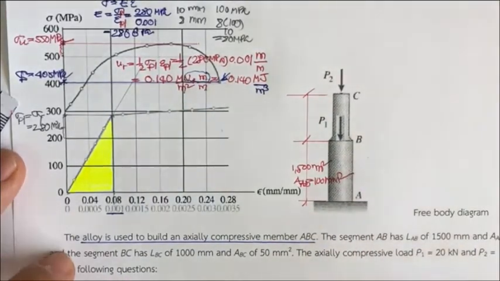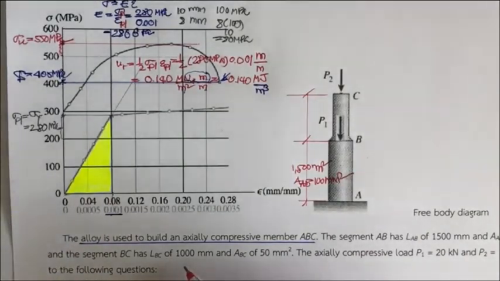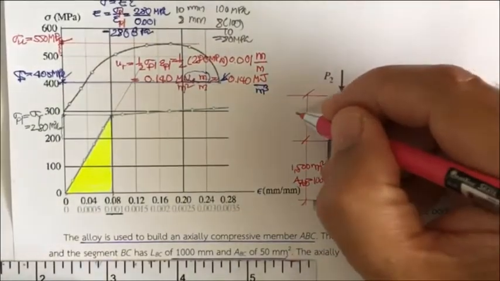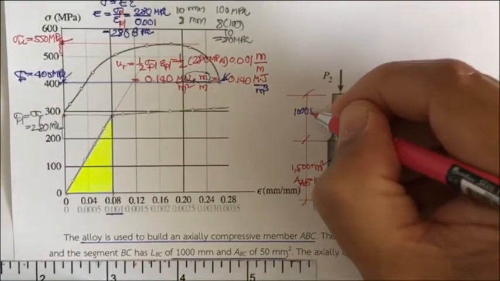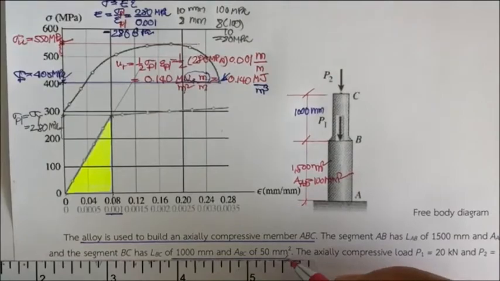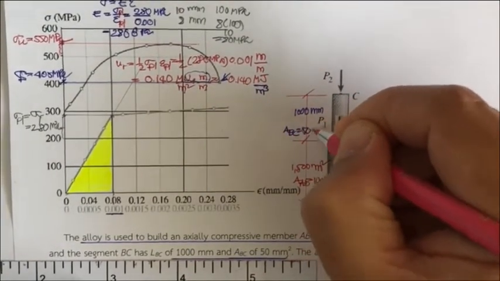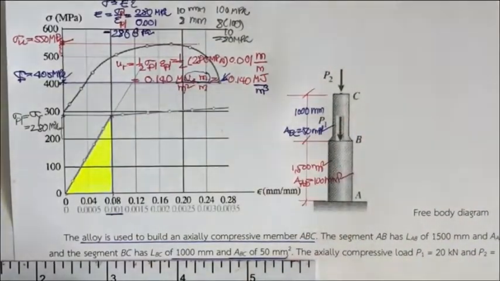And for BC, it has a length of 1,000 millimeter, and A sub BC is 50 square millimeter.